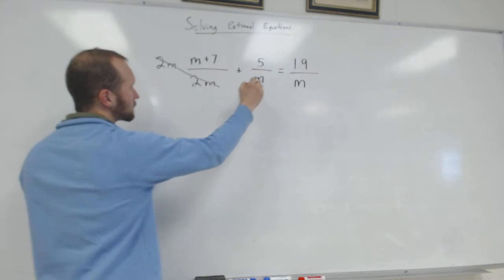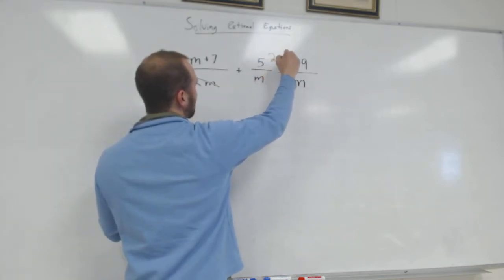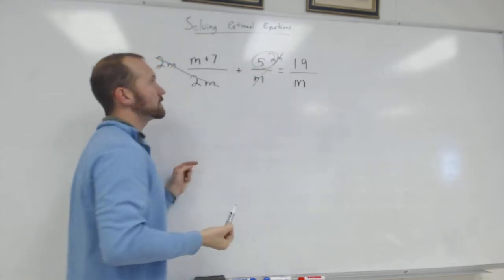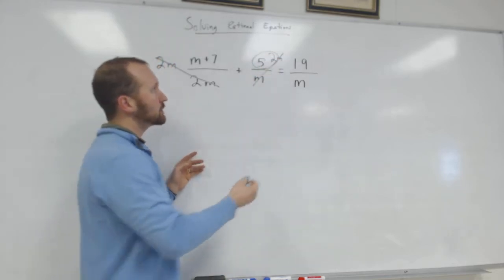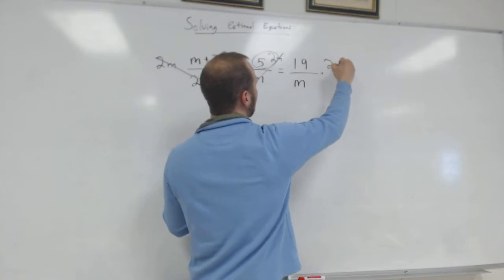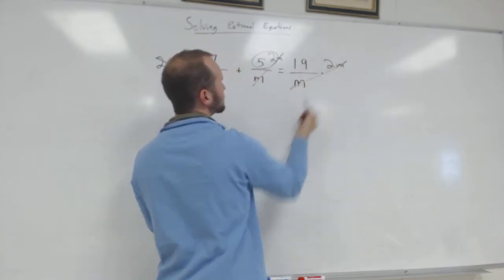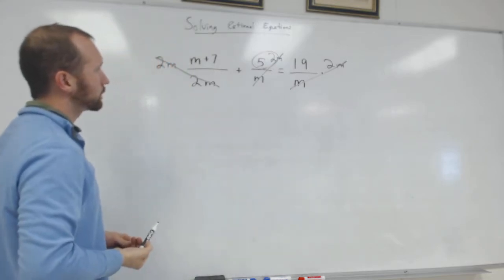But when I multiply everything times 2m, this one just cancels. But what happens here? The m's cancel, and I still have 5 times 2. That 2 sticks around. And when I multiply this times 2m, the m's cancel. I still have the 19 times 2.